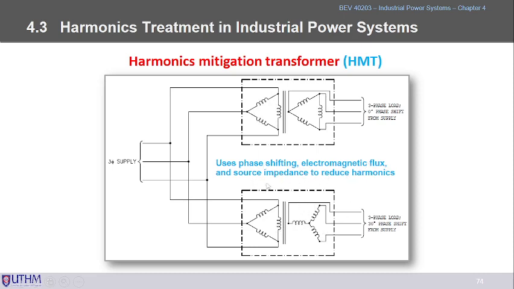After that it combines with the source impedance to mitigate a certain amount of the harmonics. But this is only applicable up to 30 degrees of phase tuning, 30 degrees only.